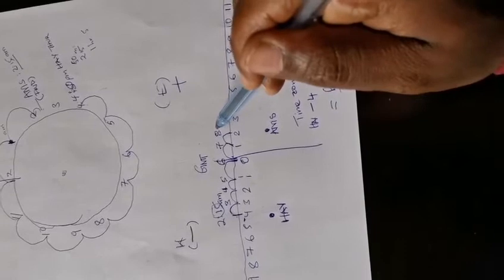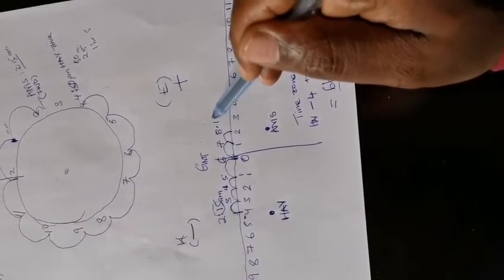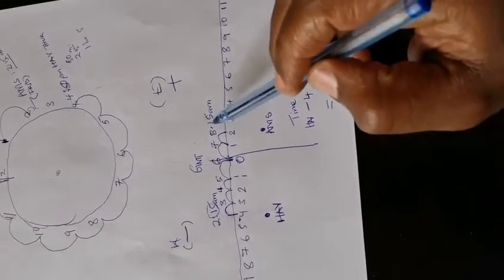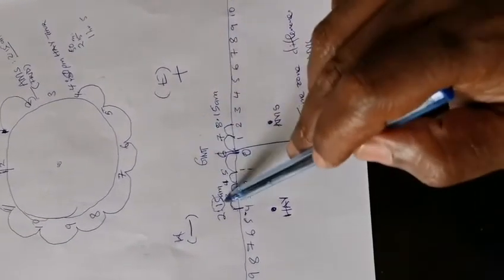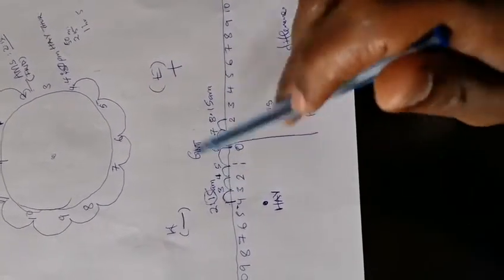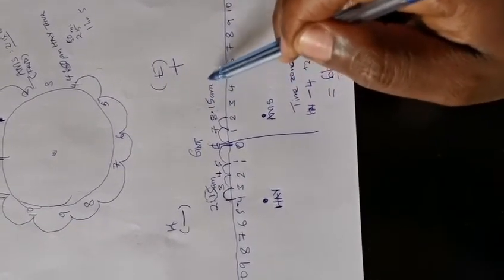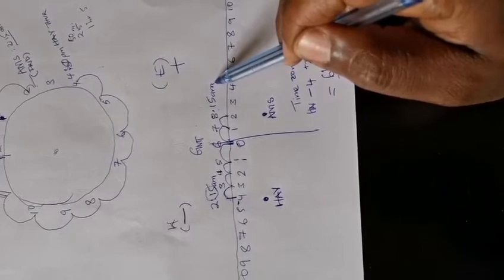So it's going to be 8:15 a.m. So the time at Amsterdam, when it's 2:15 a.m. at Havana, is 8:15 a.m. on Friday. Okay?